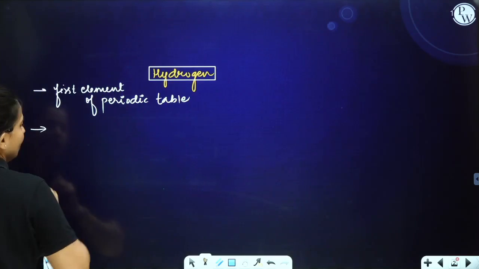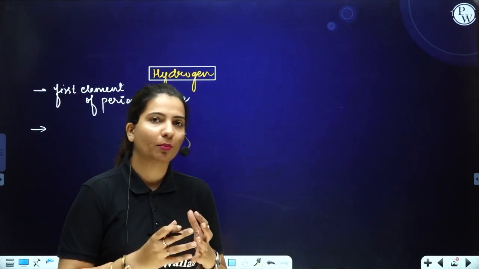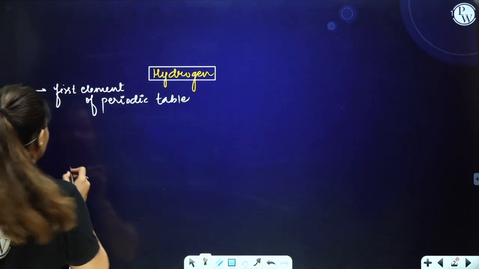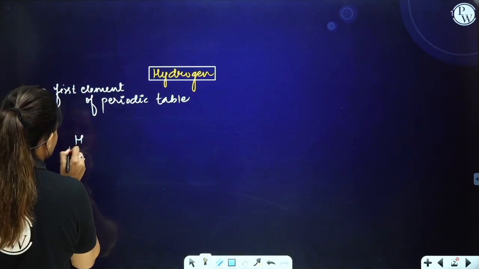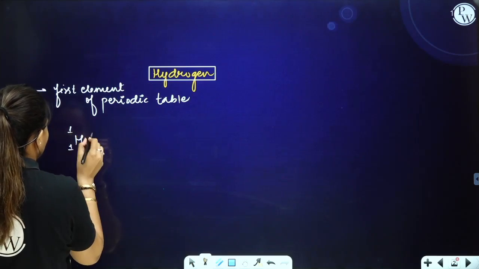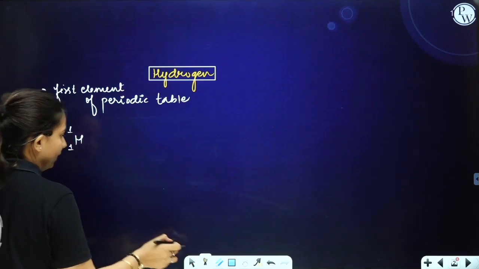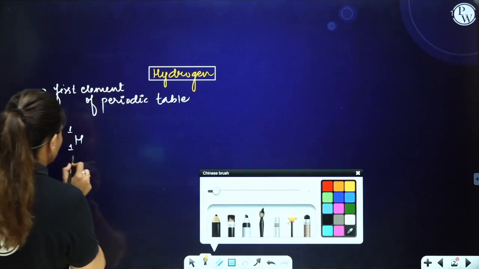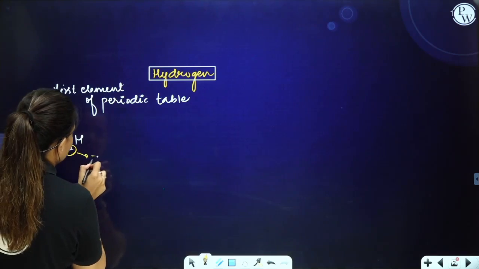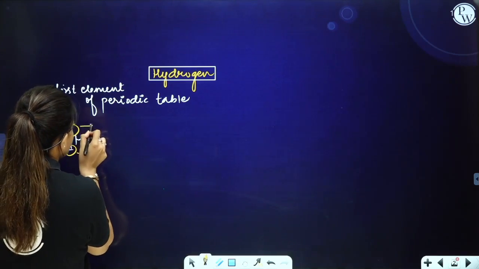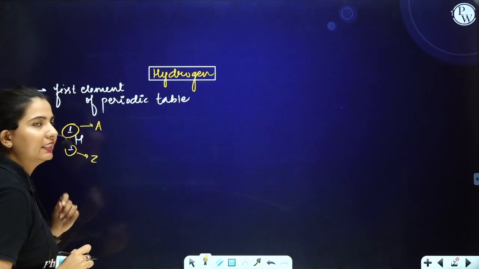After that, if you want to know the symbol, the atomic mass, the atomic number, so we can simply say that hydrogen is represented as 1H1, where this respective number which is present downwards is considered as Z, which is the atomic number. This is considered as A, which is the atomic mass.